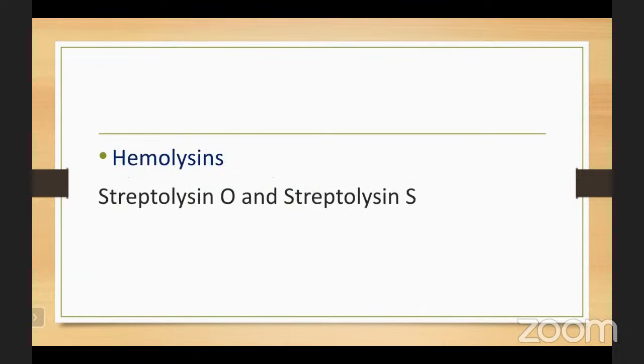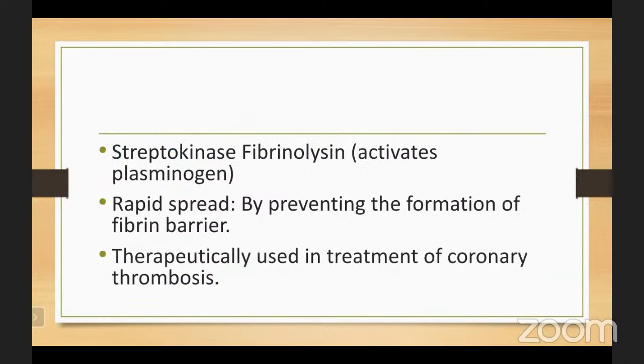Next one is the hemolysin. It has streptolysin O and streptolysin S. Streptokinase, or fibrinolysin, will activate plasminogen. Next one is the rapid spread. It prevents the formation of fibrin barrier. It is therapeutically used in treatment of coronary thrombosis. Next one is DNase.